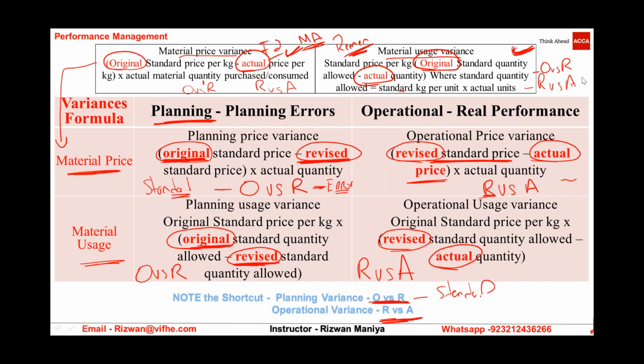So if you believe in revised standard, then yes, use revised versus actual. What do you think? Did this become easier for you or not? If you remember the basic F2 formula, the above ones, after that it's just peanuts for you. You just need to learn this F2 formula.